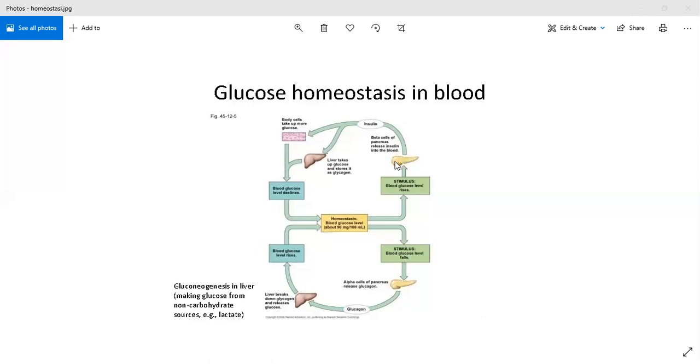Now, the pancreas has a structure that is called the islets of Langerhans. You may want to write that down. There is a part of the pancreas that is called the islets of Langerhans.